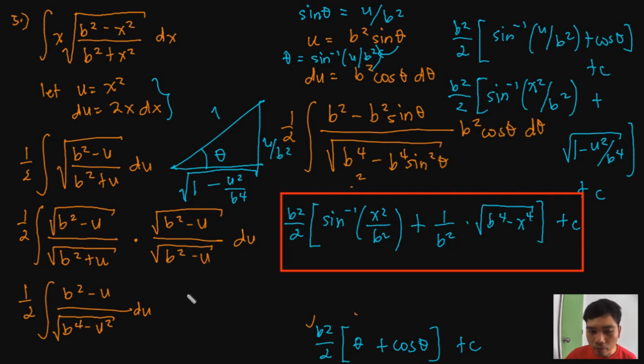Now, what if, for example, you tried u equal to, let's say, a tangent theta. So, this is what you are given from this. So, you make a triangle and then, how do you do something like this? We already know that tangent is the ratio of your opposite to your adjacent, because that's sine theta over cosine theta.